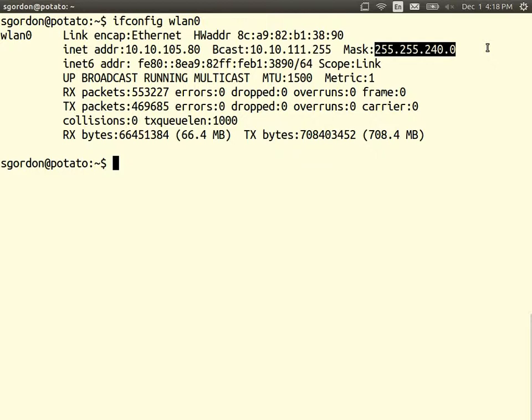You start. I'll just leave them up for a moment. First, the inet address. I'll highlight that one first. Convert to binary. Easy task. Write it on a piece of paper. 10.10.105.80. 10 is what? 4 zeros, 1010. There's the first 16 bits because it repeats. Someone will calculate 105 and tell us.